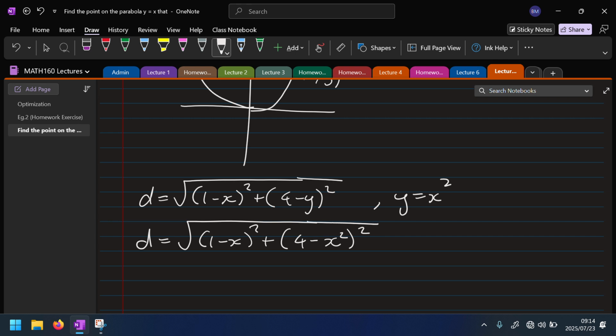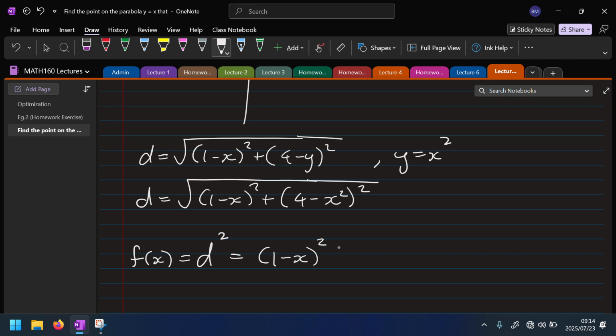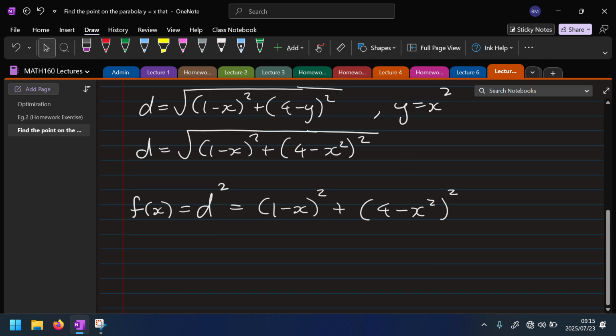Now, since we've got this root here, it's going to make taking the derivative a little bit more confusing than needed. So instead of having this function d as our optimizing function, I'm going to define a new function f, which is going to be d squared. So this is going to be (1 minus x) squared plus (4 minus x squared) squared.